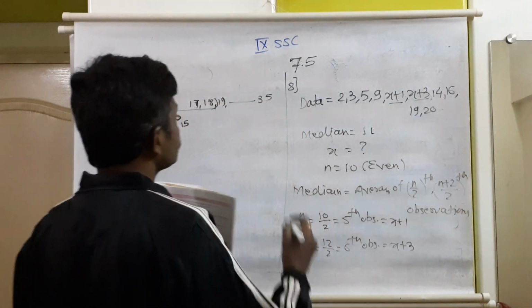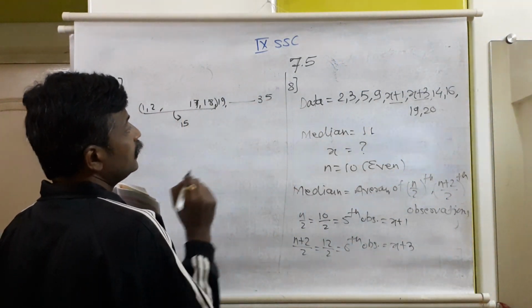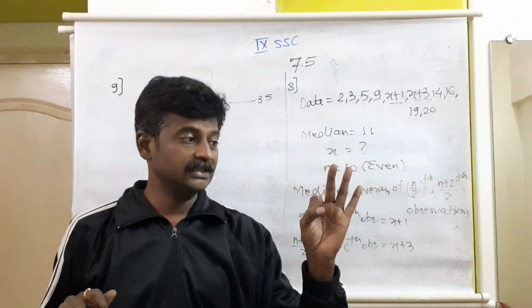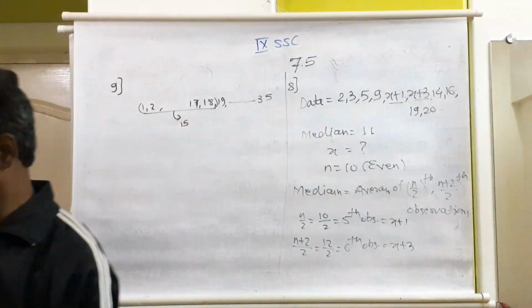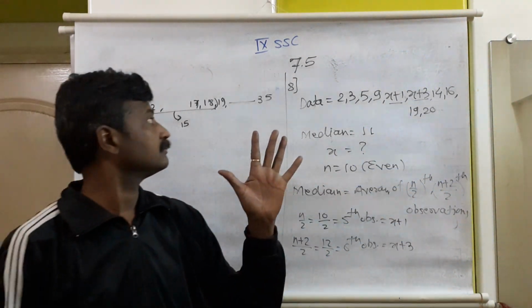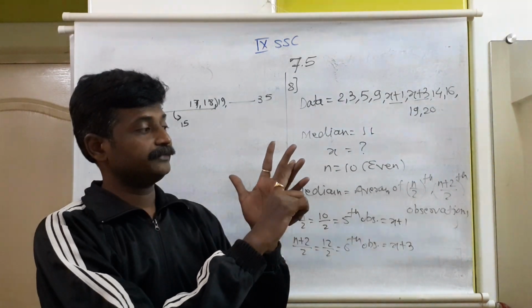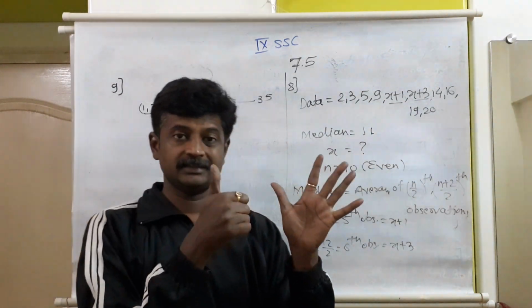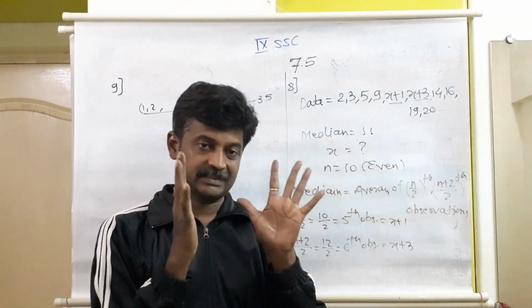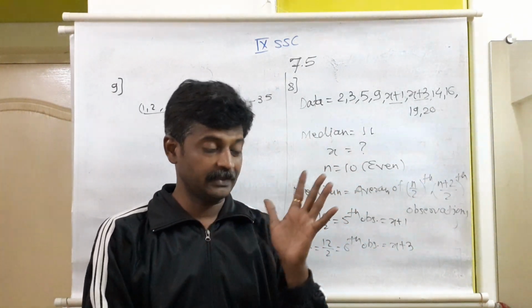Last 18 means it will start from 35. If we count the last 18, 35, 34, 33, 32, 31. After that we need to come back in reverse order. 35, 34, 33, 32, 31, 30, 29, 28, 27, 26, till 26, 10 observations are there.